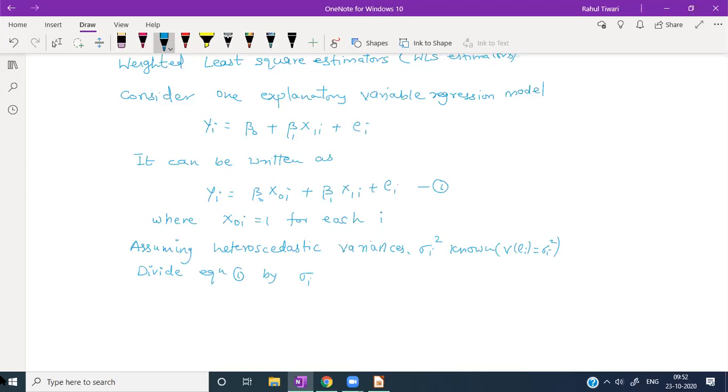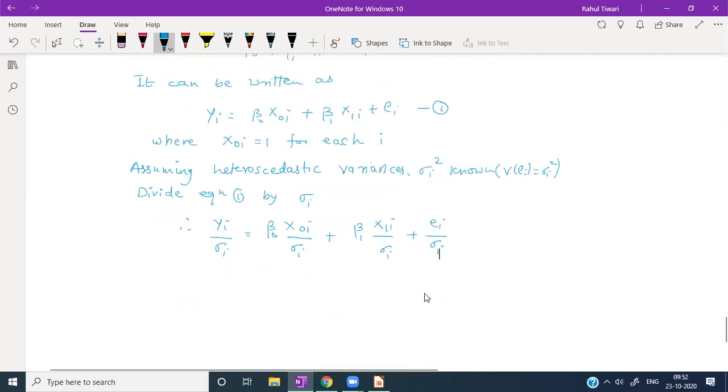What happened? Therefore, yi upon sigma i is equal to beta naught x0i upon sigma i plus beta 1 x1i upon sigma i plus ei upon sigma i. So I divided through by sigma i.